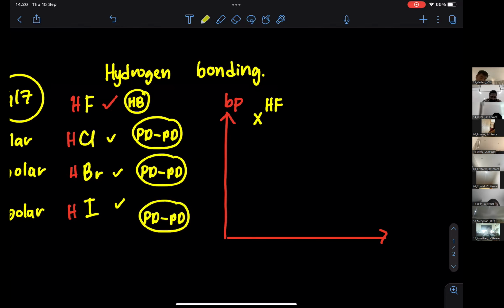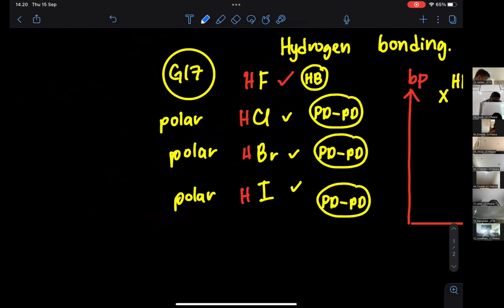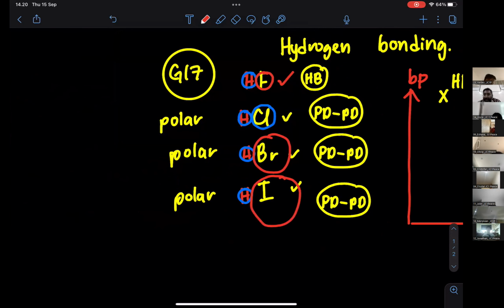Now, the extra thing that you need to know is this. The size, H is the same size, fluorine is going to be smaller. As you go down group 17, the size is supposed to increase, more number of shells. I hope you remember this. Why do we have more shells?